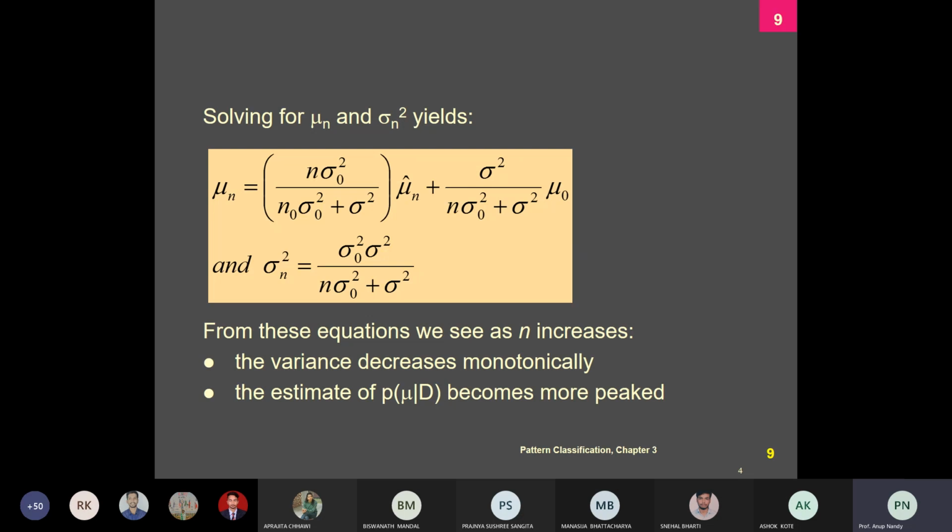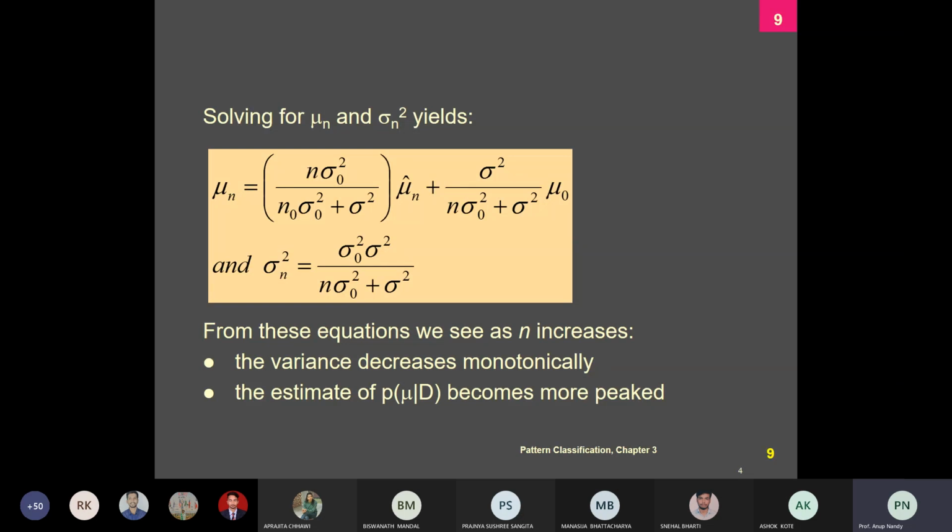With each observation our uncertainty about the value of mu decreases, and as n increases, the probability of mu given D becomes more and more sharply peaked. That is the Bayesian learning.